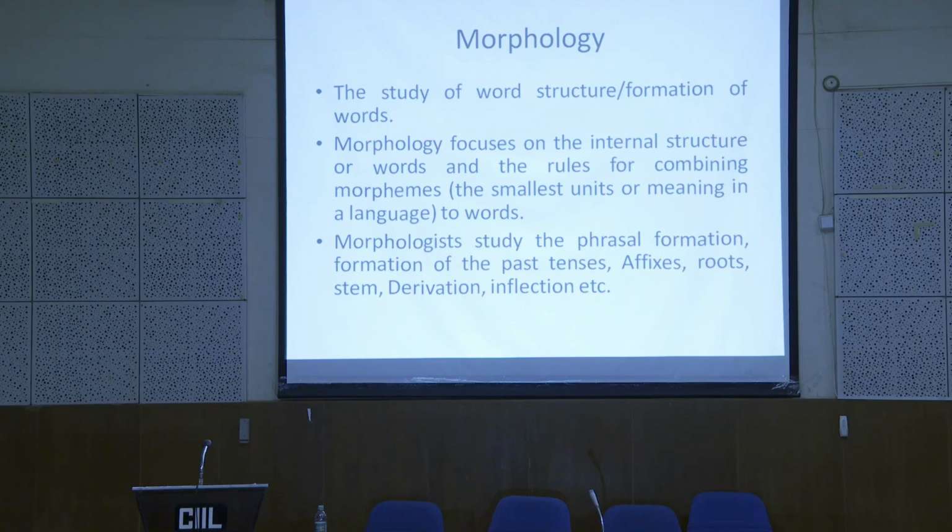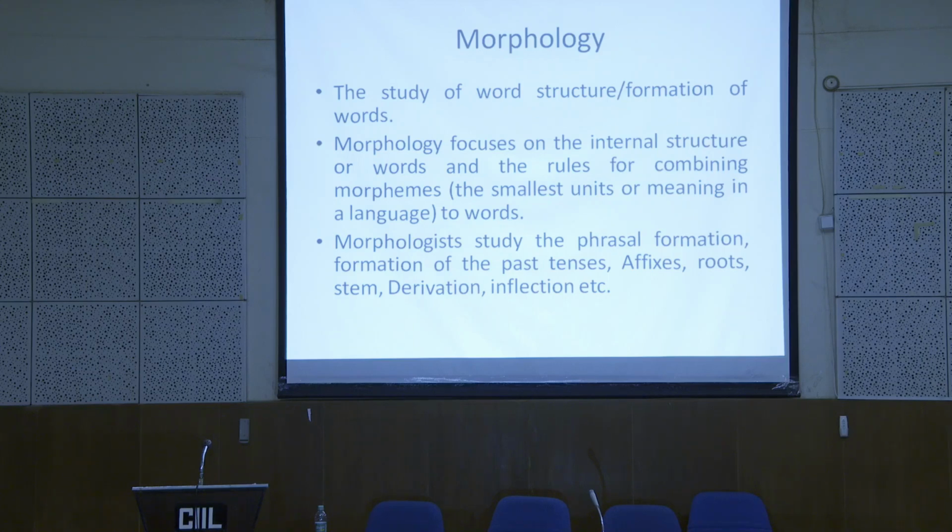Like that, you can add affixes to words, and by using the process of inflection or derivation, you can form words in any language. So in translation also, you can create many words by using this process.